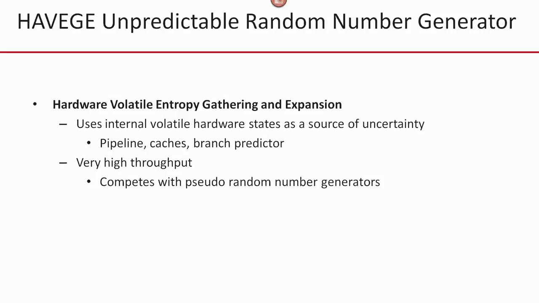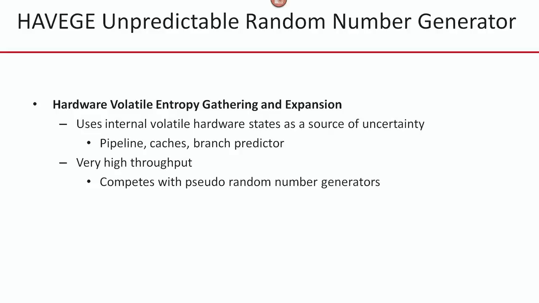Also interestingly, there's a different way of generating unpredictable random numbers, and this is through a method called hardware volatile entropy gathering and expansion. So it's a newer method of creating an amount of entropy within a system. And this really works by harvesting the different states from within the microcontroller that are not generally visible through the application code.